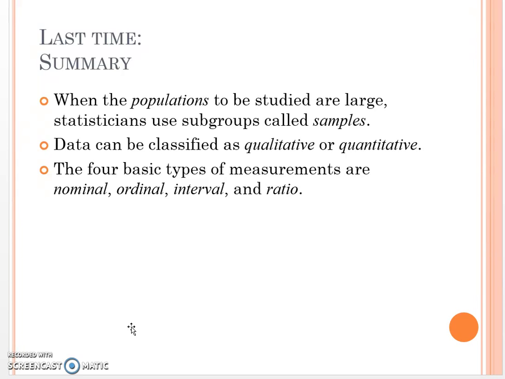And data can be classified as qualitative or categorical. So data can be qualitative, the same as categorical, or quantitative, right? And we can also use 4 basic types of measurements for data.